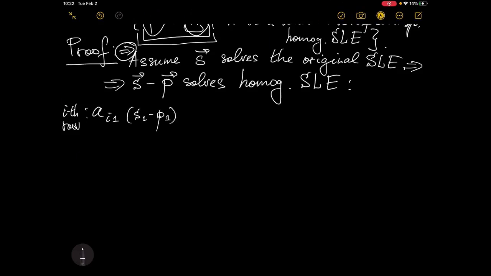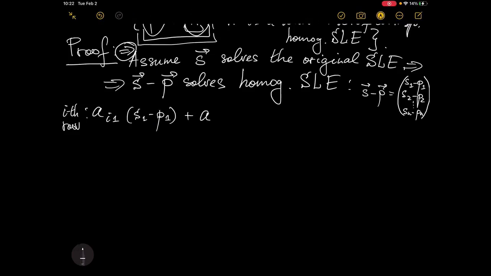Let me remind you that S minus P will be the vector S1 minus P1, S2 minus P2, and so on, Sn minus Pn. So now I'm substituting it in my ith row.